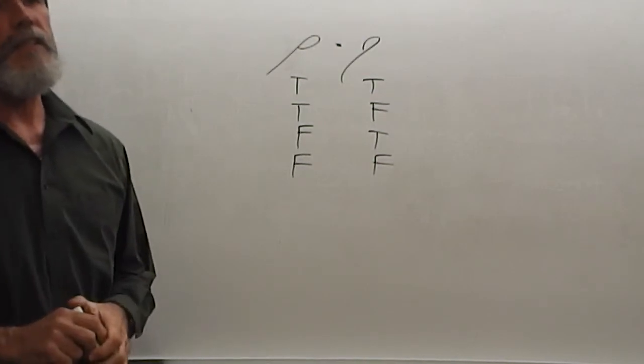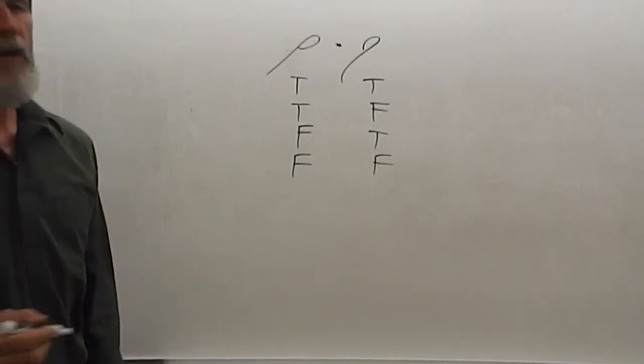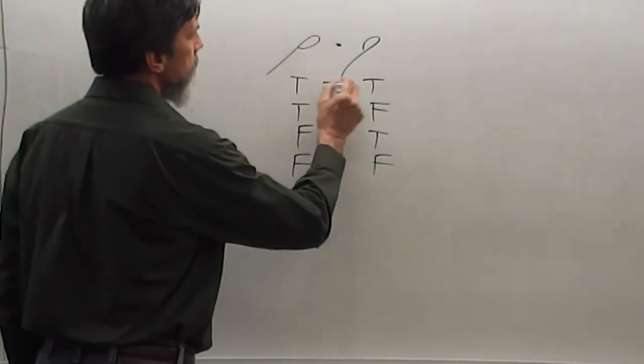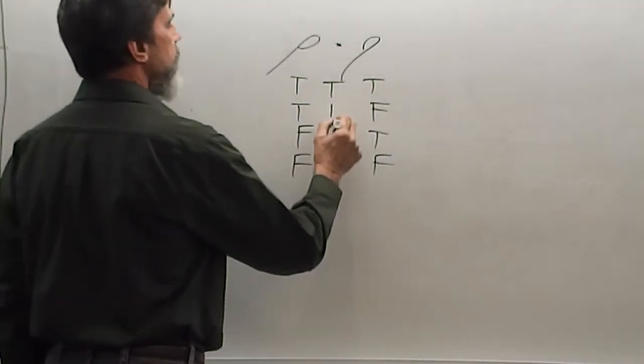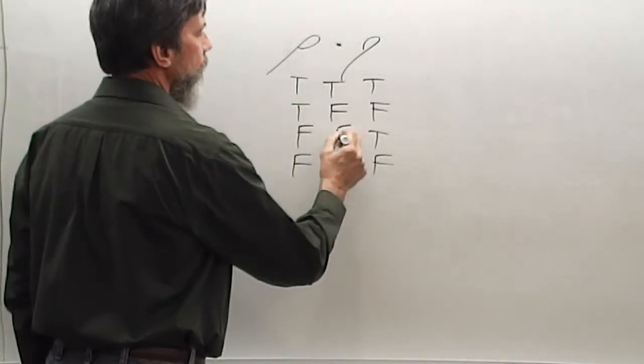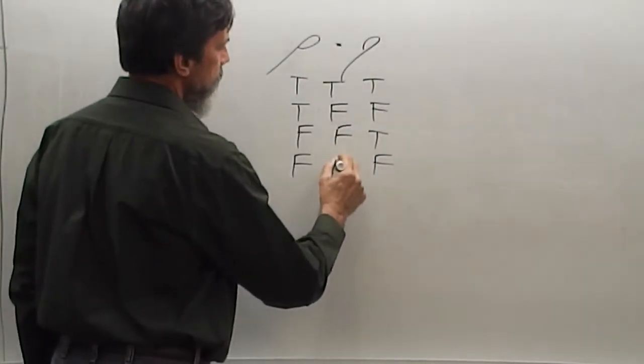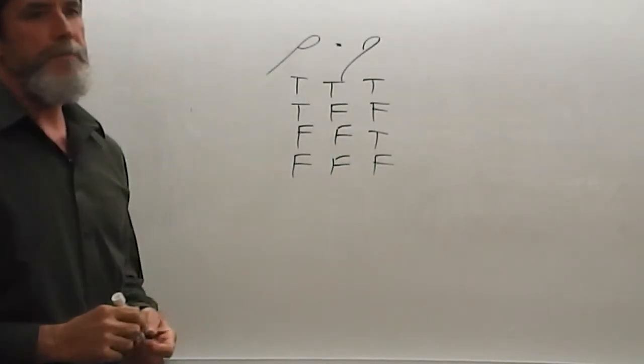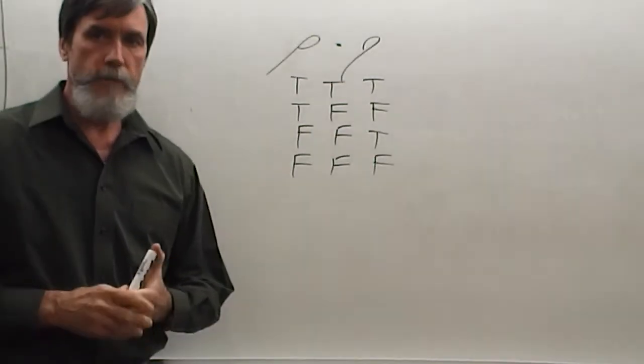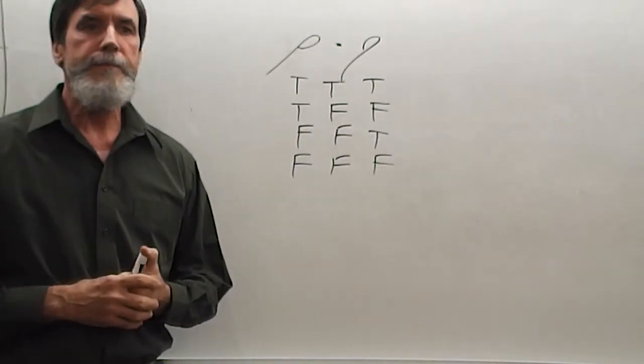By definition, the dot is only true when both conjuncts are true. In every other case, our dot, or in other words, our conjunction, is false. Questions about conjunction?